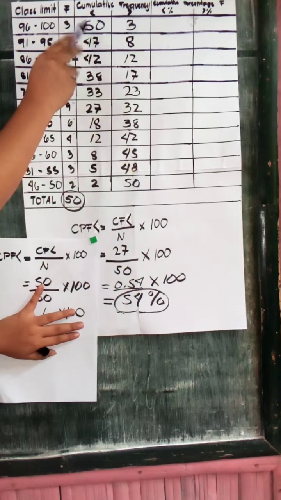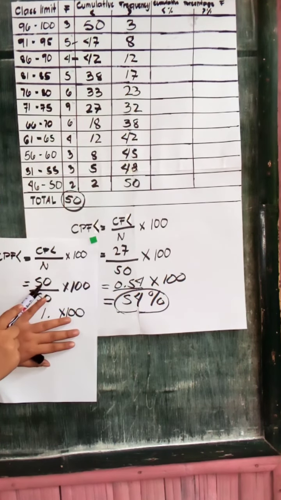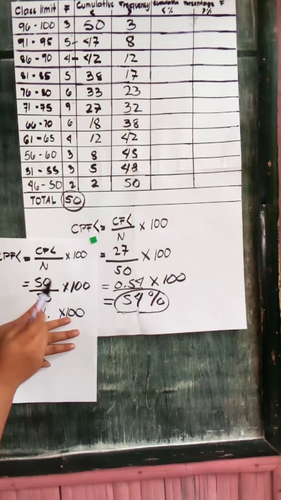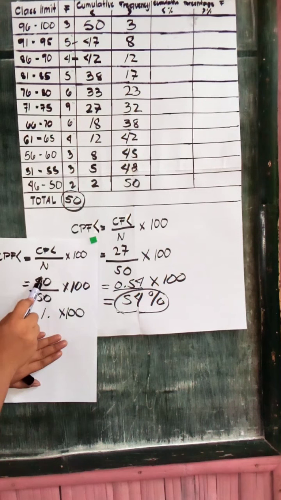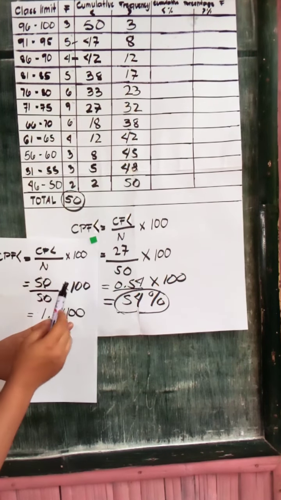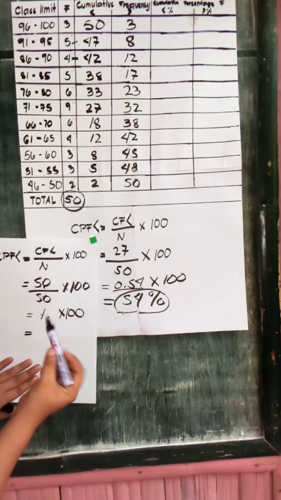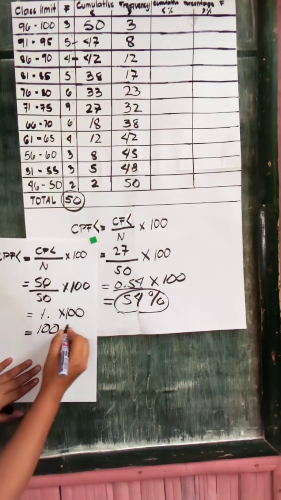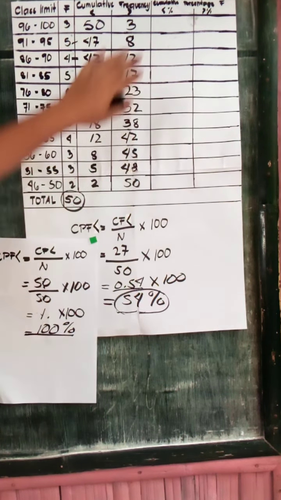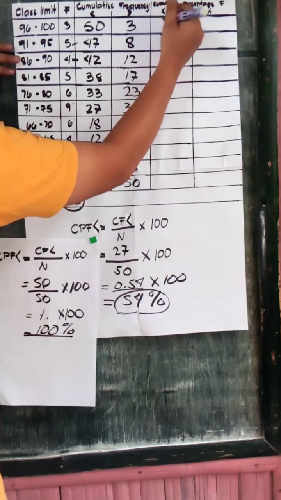Next, the number of cases is 50, so we will divide by the number of cases. 50 divided by 50 is equal to 1. 1 times 100 is equal to 100%. So this is the answer of the cumulative percentage frequency lesser than percent. We will write 100 here.